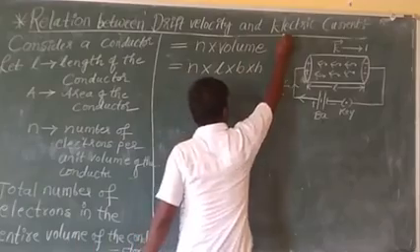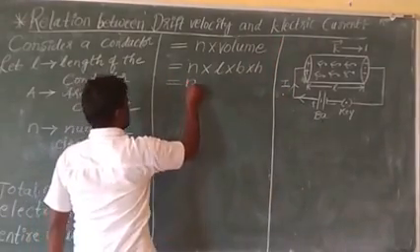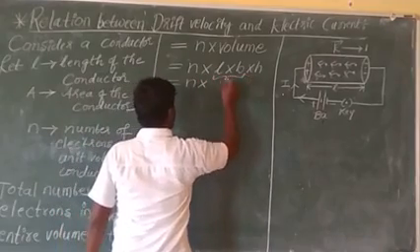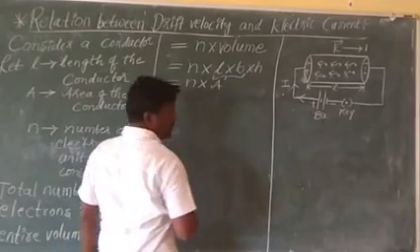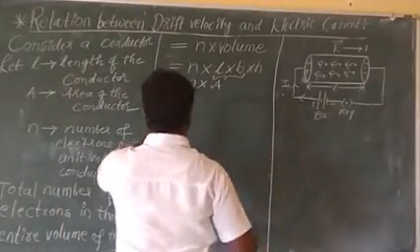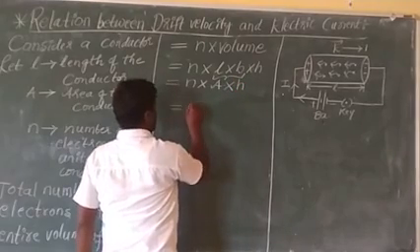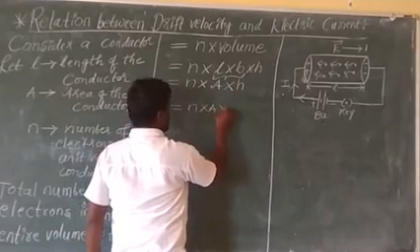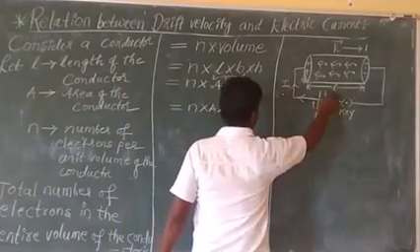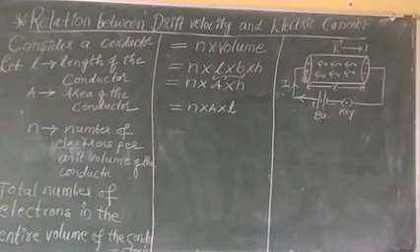Length into breadth means area, into height. Equals n into A into height, and here the height is the length of the conductor L.